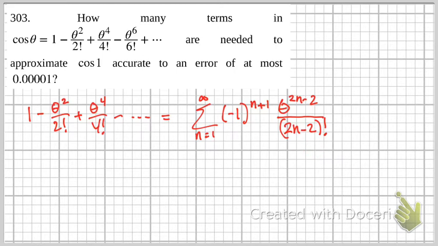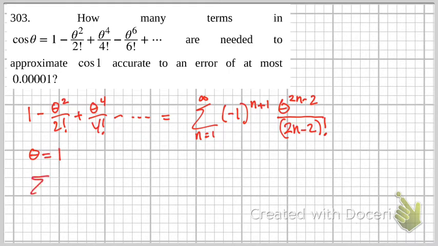Okay, so that actually works for this series that we see here. It actually equals this series here, so they're the same. Now from here, once we develop that, we're going to talk about the cosine of 1. The cosine of 1 implies that our theta is going to equal 1.